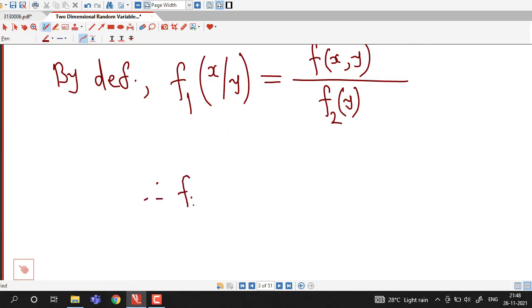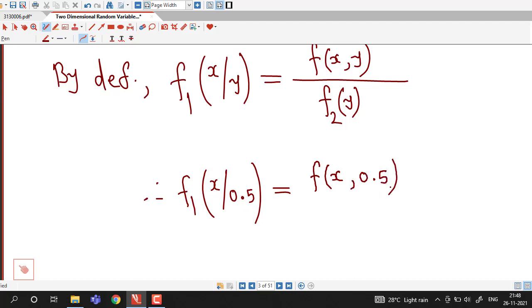So therefore f1, that is conditional density of random variable x given that y equal to 0.5, will be equal to value of joint density at x comma 0.5 divided by marginal density of y at 0.5.